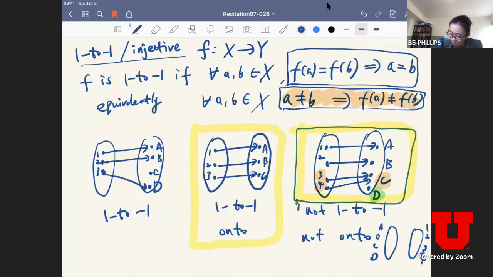What I have is A goes to 1, B goes to 2, but C somehow goes to both 3 and 4. If I have an element that maps to two different elements in the codomain, this is no longer a function. Does that make sense?